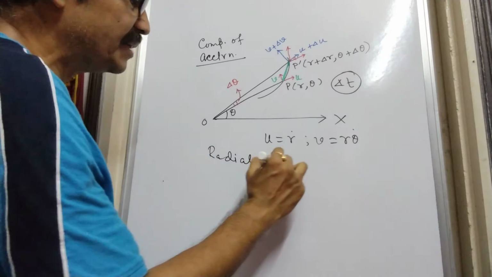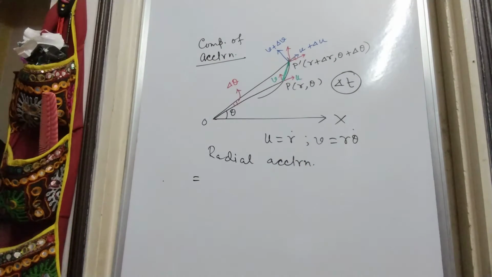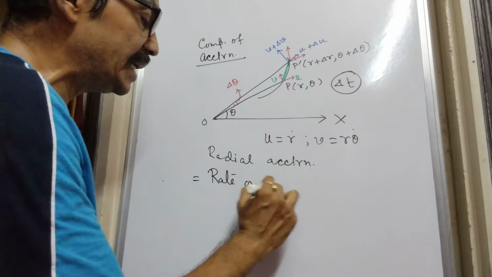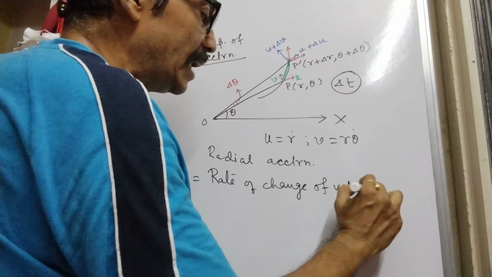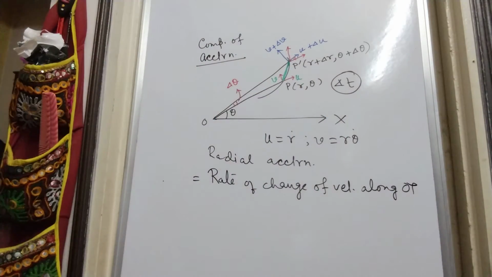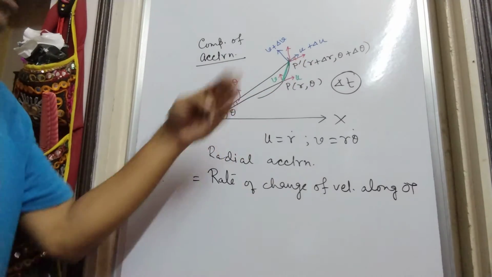So what is radial acceleration? We know from the definition that radial acceleration is nothing but rate of change of velocity along the radius, rate of change of velocity along OP, isn't it so? So what is the velocity at P along OP? u. And what is now the velocity?